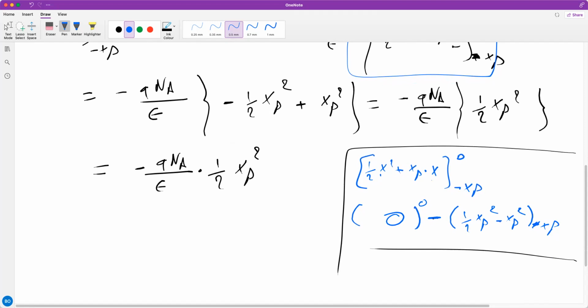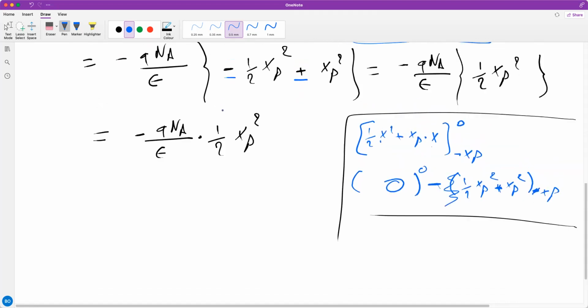So if I introduce the minus, this will give minus, and this gives positive. That's why I put positive here and negative here. Is this clear for everyone? Yes, that makes sense. Okay.